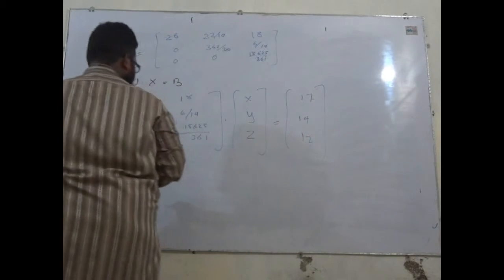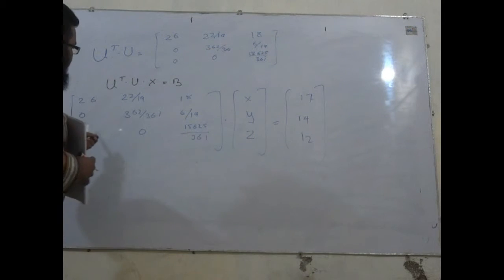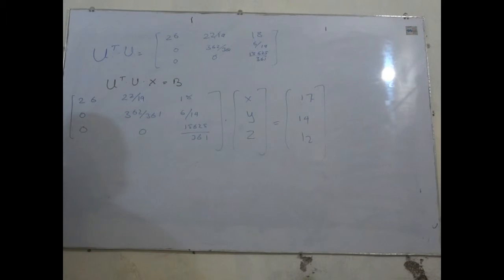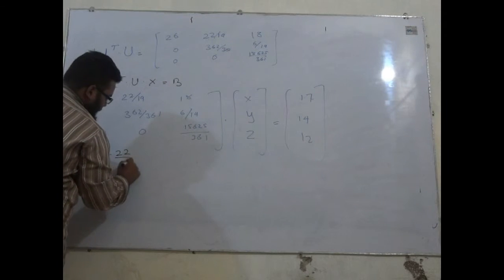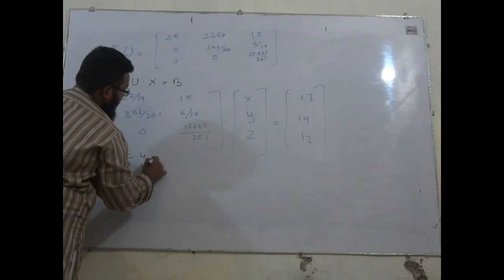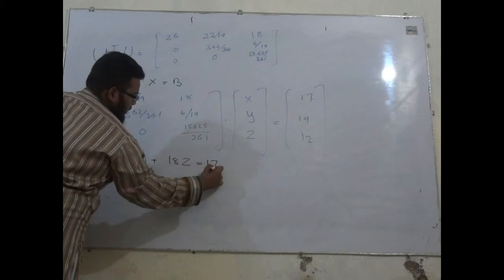Now you can see this. Now by converting back this matrix into equations, our final equation becomes 26 of x plus 22 over 19 of y plus 18 of z is equal to 17.